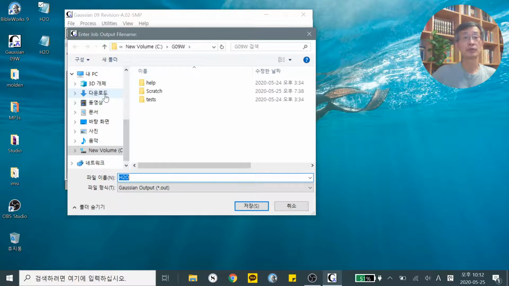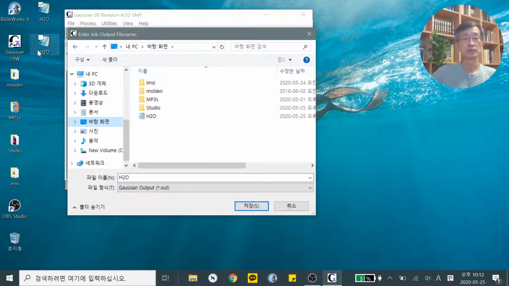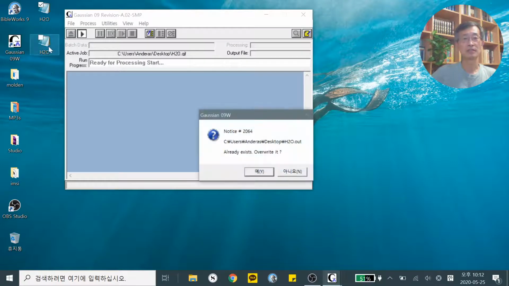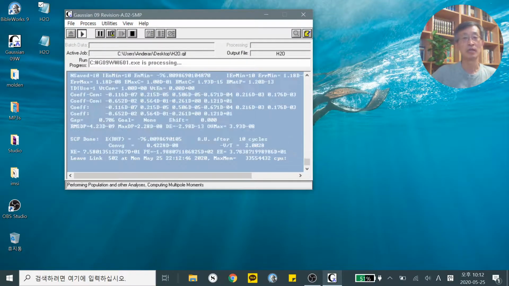So I'm going to pick not that one, but this one. Actually, I've checked this before, so I ran it onto the desktop. So I will just do it like that. But if there is a file like this, it asks if it should overwrite it. I say okay, just overwrite, and it runs.